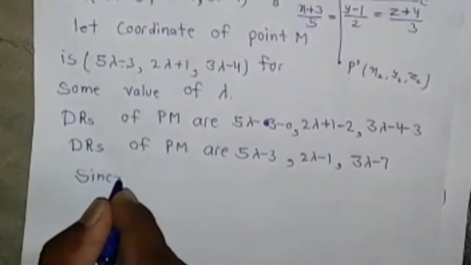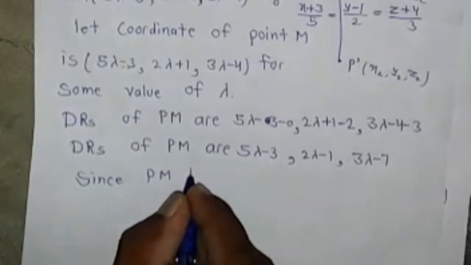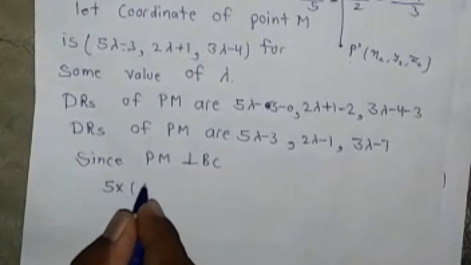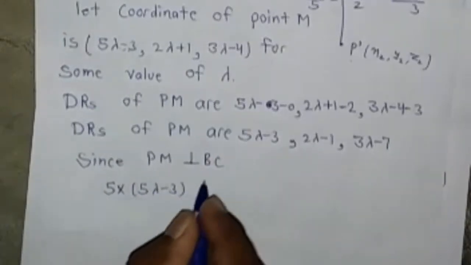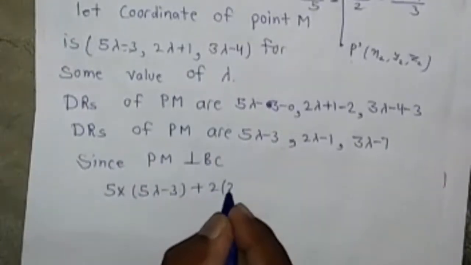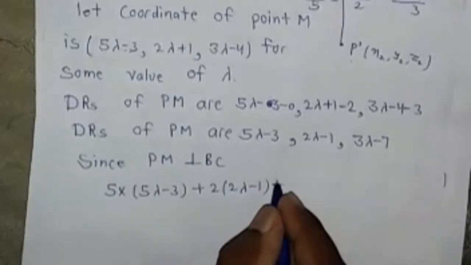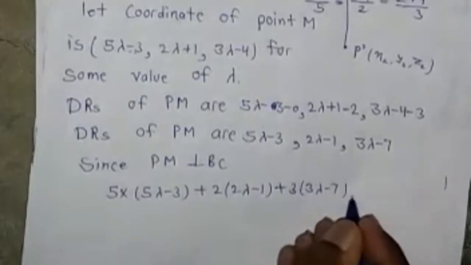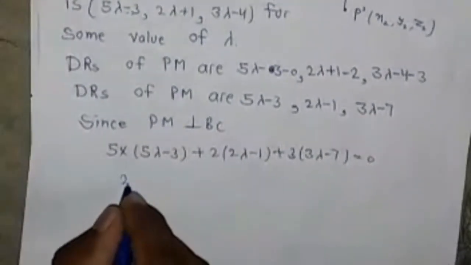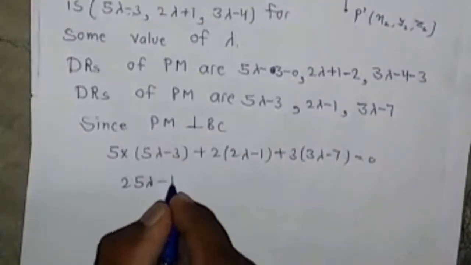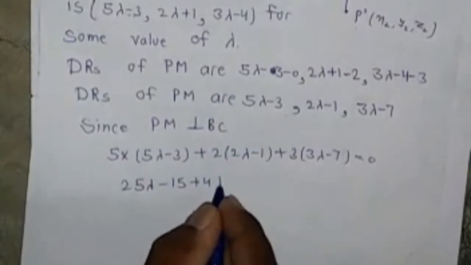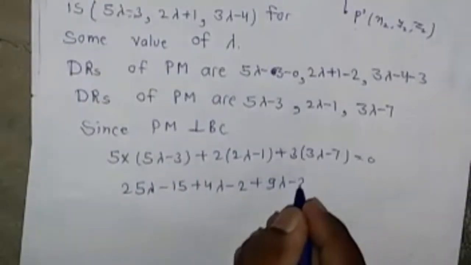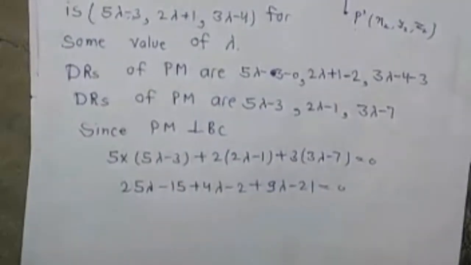So 5 into (5 lambda minus 3) plus 2 into (2 lambda minus 1) plus 3 into (3 lambda minus 7) is equal to 0. 25 lambda minus 15, plus 4 lambda minus 2, plus 9 lambda minus 21 equal to 0.